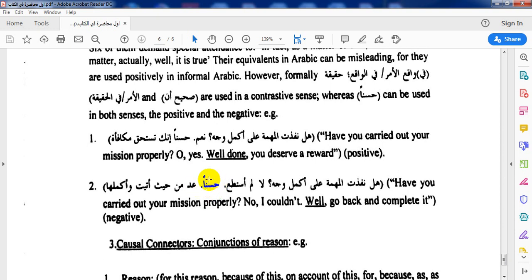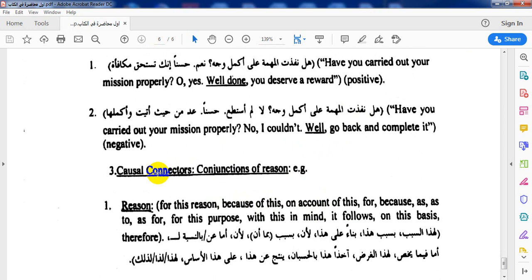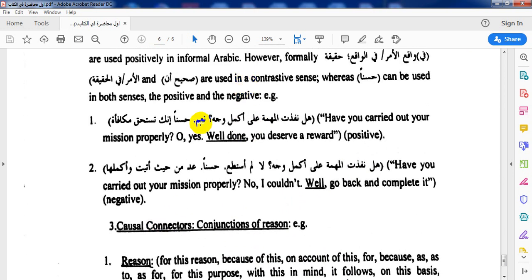حسنا, though we feel for the first time when we read it that it has a positive sense, in this context it has a negative sense. So dear students, you have to be careful in using those connectors.